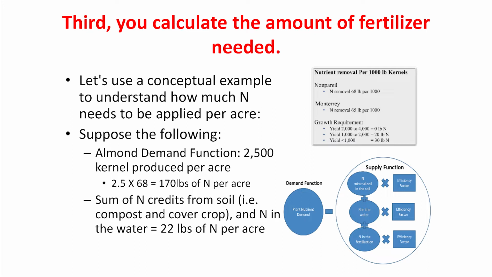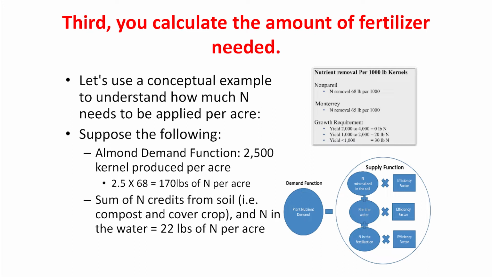So I multiply 2.5 times 68 and it gives me 170 pounds of nutrient per acre. Why did I do that? Because 2.5 times 68 uses the ratio of 68 pounds of nutrient per 1,000 pounds of kernel. So that gives me 170 pounds of nutrient per acre to support that yield.